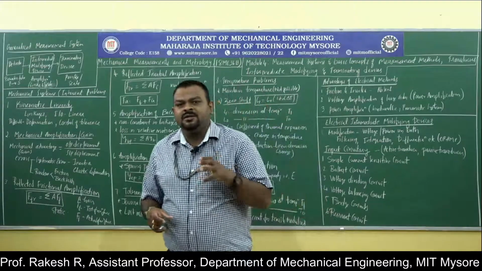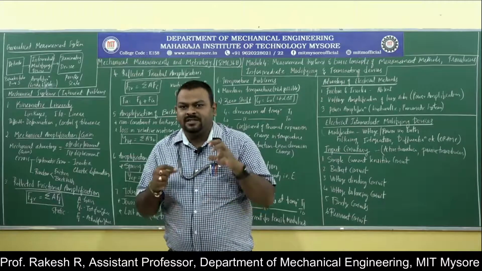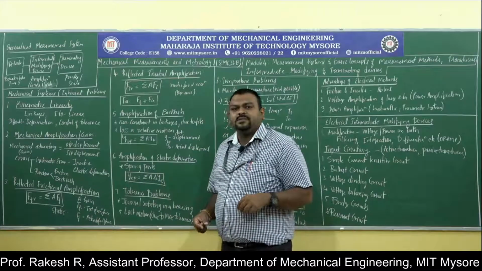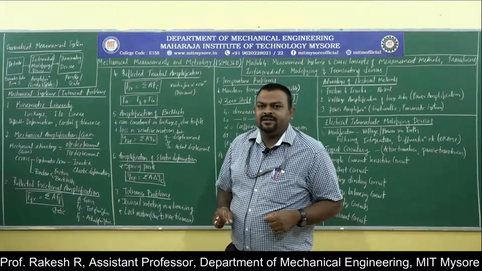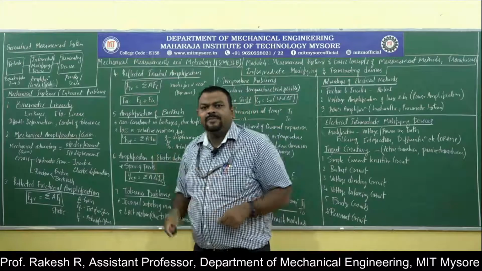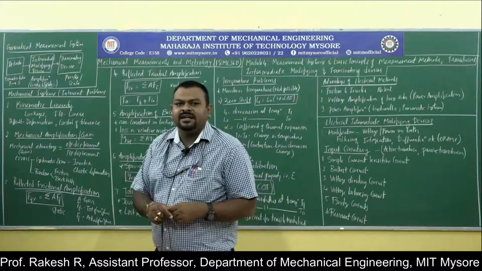If the gear is not mounted properly with the linkages or with the pins, again there is a deformation. Because of this deformation, again the error will be generated. Because of that you will be interpreting a wrong reading. So that is one of the defects in kinematic linearity.